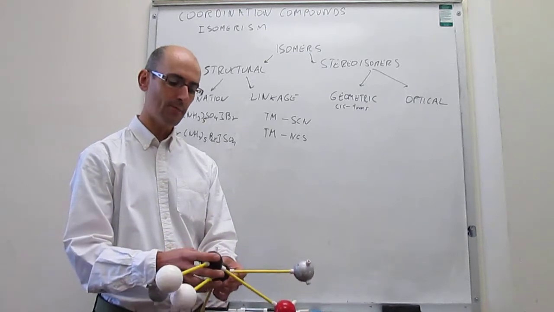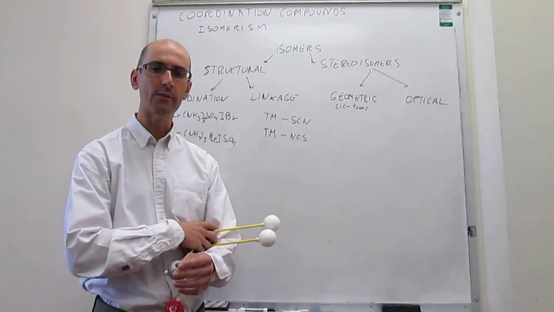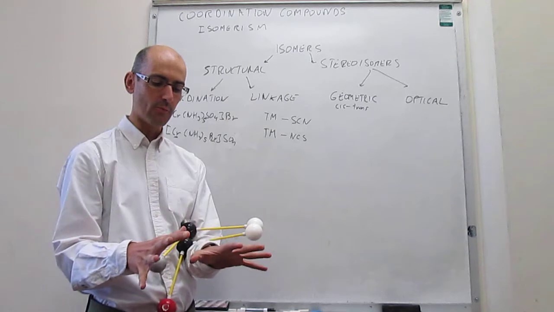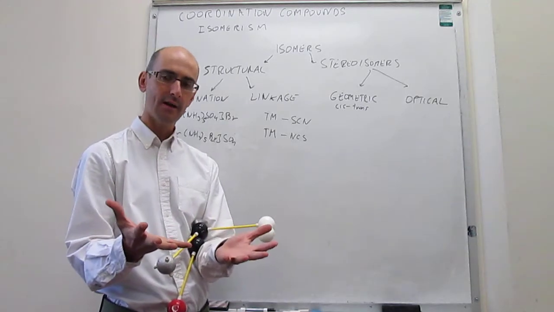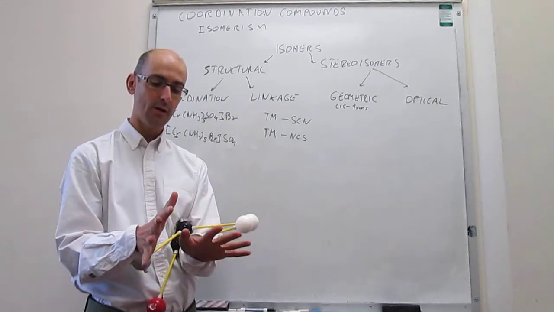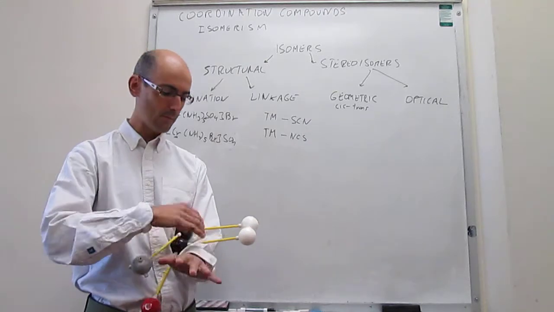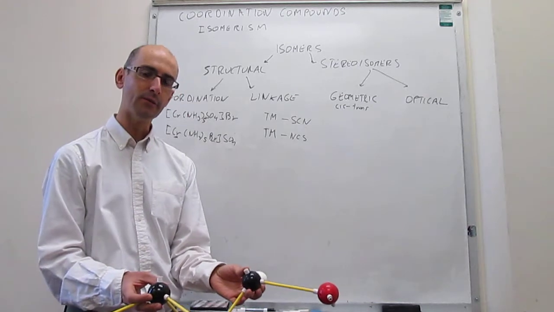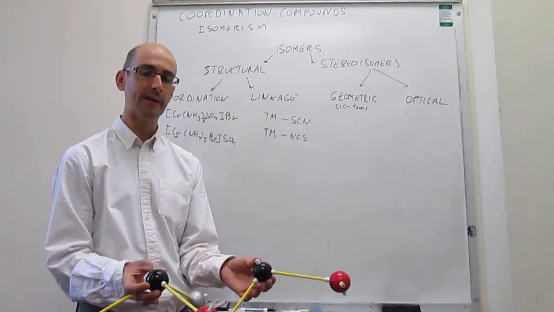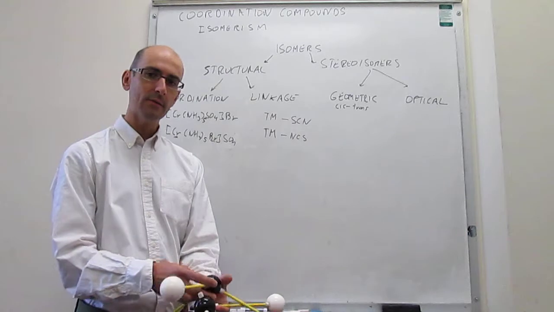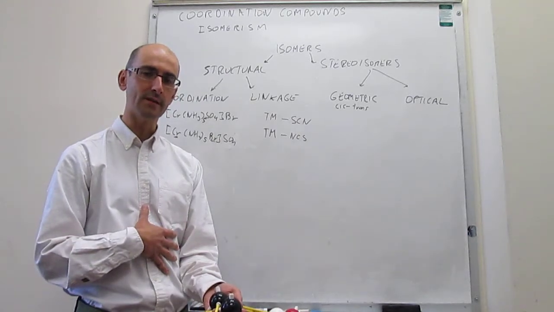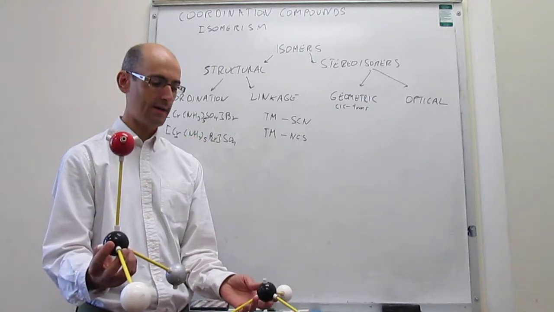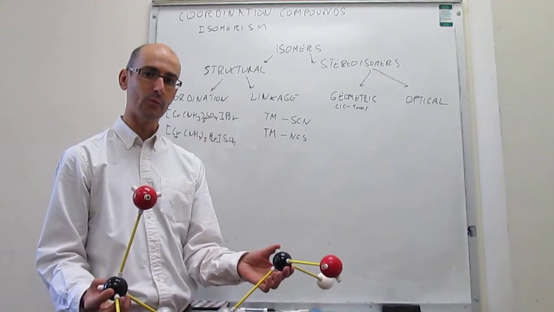Sometimes these molecules or these stereoisomers are called chiral, and chiral comes from the Greek term for hand, right? So notice that our hands are mirror images of each other, but they are non-superimposable. Okay? Right, so chiral complexes also have a lot of importance inside our bodies, in biochemistry, because many of the enzymes that we have in our bodies are able to recognize one of these isomers, but not the other one, right?